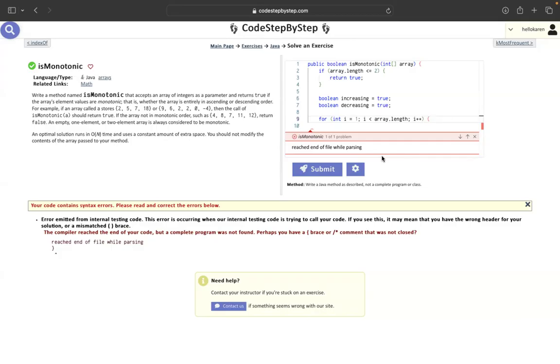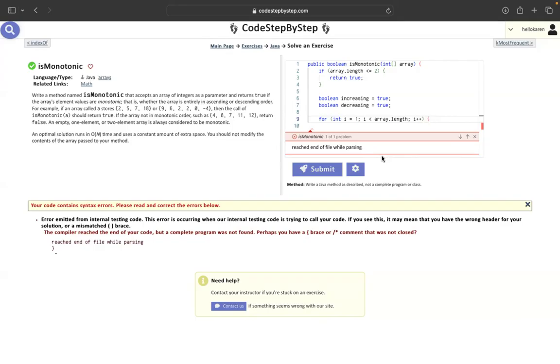So let's say second versus first is increasing and third versus second is also increasing, then you know you're good. Or if second versus first is decreasing and third to second is also decreasing, then you're good. But if second versus first is increasing and third to second is decreasing, or the other way, that mix, then you're screwed, right?